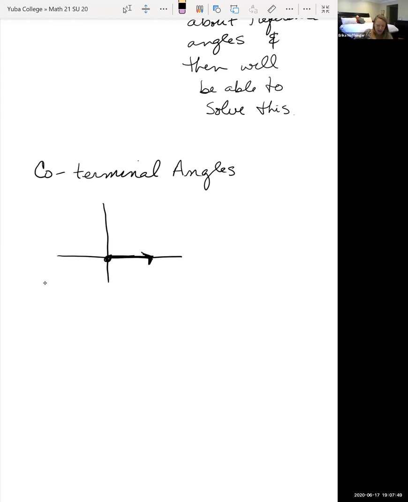And so if you were asked to sketch 265 degrees. Okay, since it's positive, I know I'm going counterclockwise, and then we're just going to count around. We know that going from one axis to the next axis is 90 degrees.